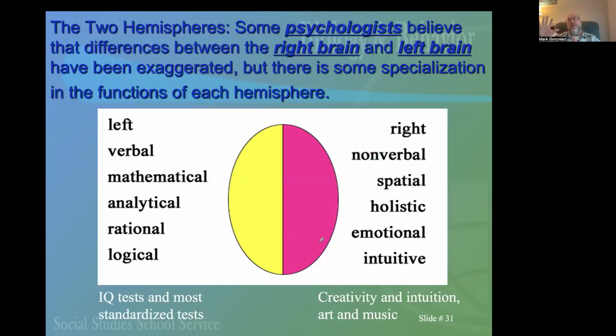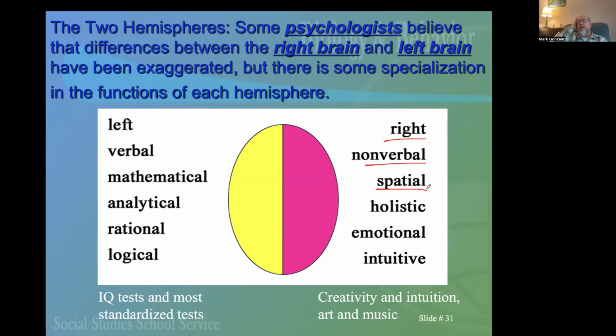We've known through PET scans, by hooking up electrodes, to see when people are doing specific tasks what parts of the brain are lighting up. So we do know that on the right side, it's a little bit more nonverbal. It's a little bit more spatial.